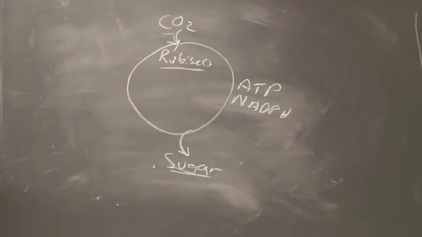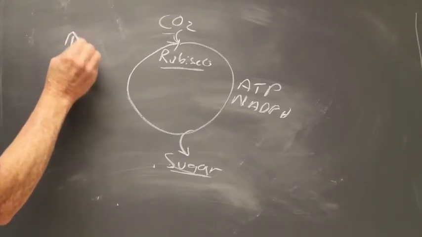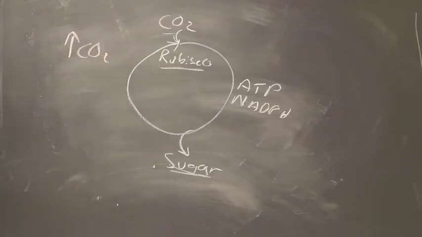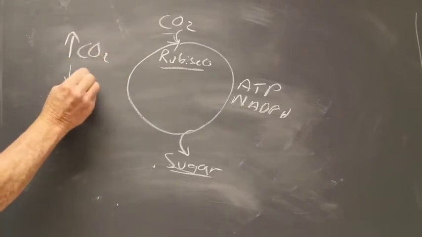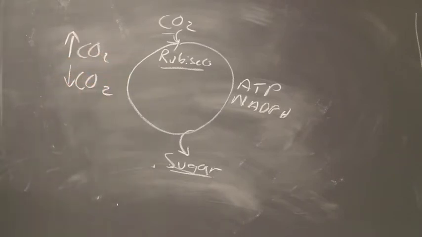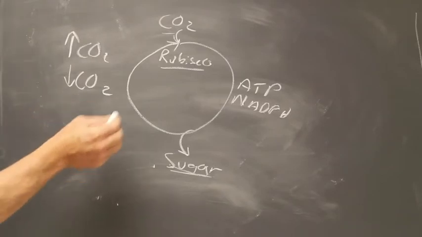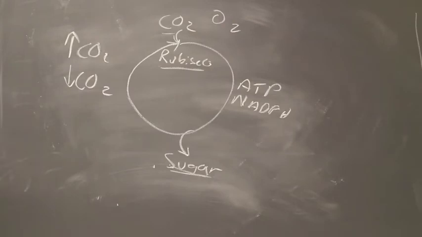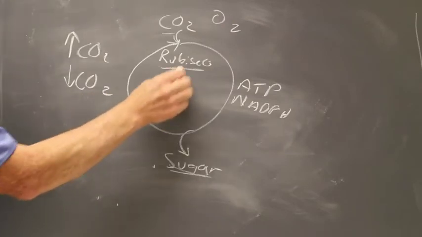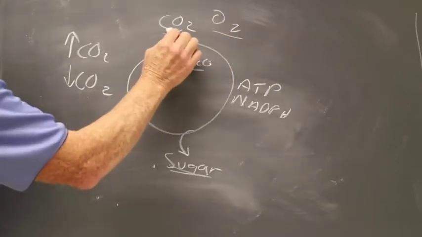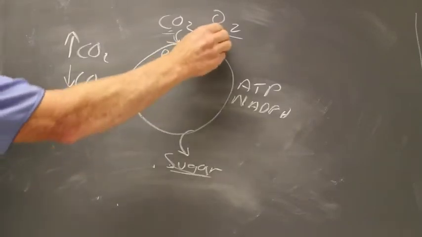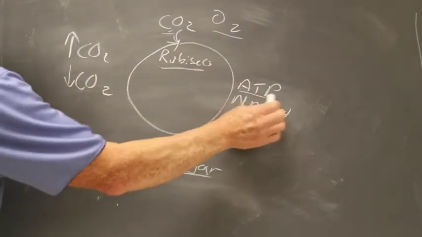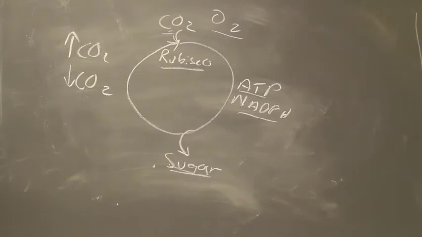However, rubisco isn't a very well-designed enzyme. Its main problem is that in high CO2 it works great, but in low CO2 it does not work as well. Especially when we have the presence of O2 and CO2. In low CO2, rubisco has a tendency to take up O2 instead of CO2. When it takes up O2, it still runs a cycle, it still uses up ATP and NADPH.